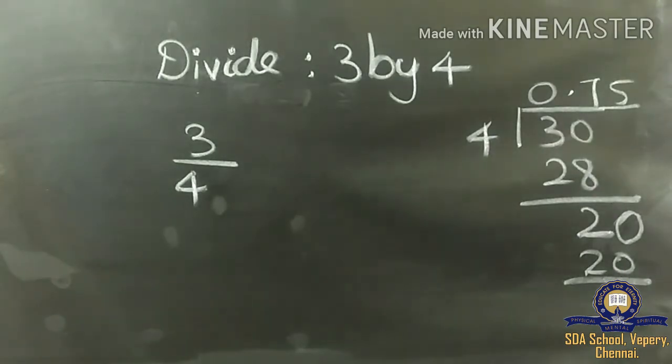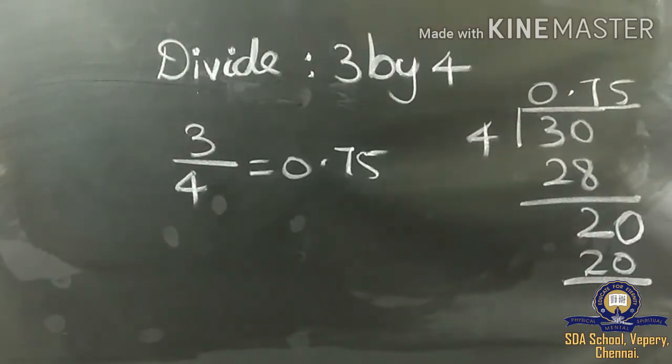Here your quotient will be 0.75 and your remainder is 0, right? Your answer will be 0.75. Here you can see that the remainder becomes 0 after some steps, and this process of division is called terminating decimals.